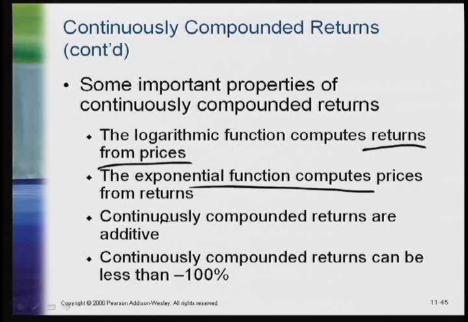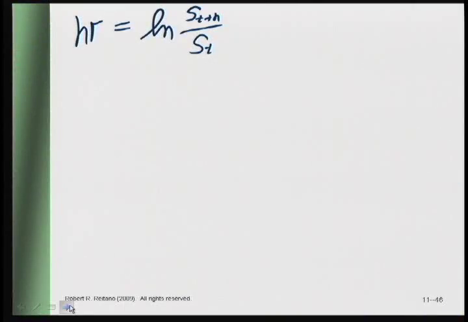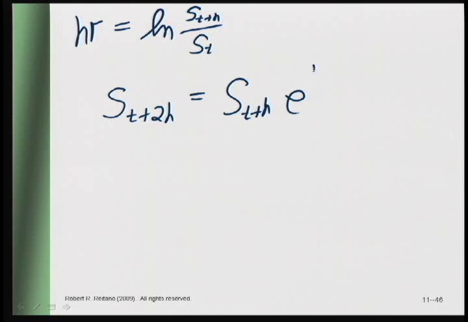One is that continuously compounded returns are additive. This is a wonderful property. What does it mean? It means that S_{t+2h} is equal to S_{t+h} times e to the second period return, I'll call it hR2.